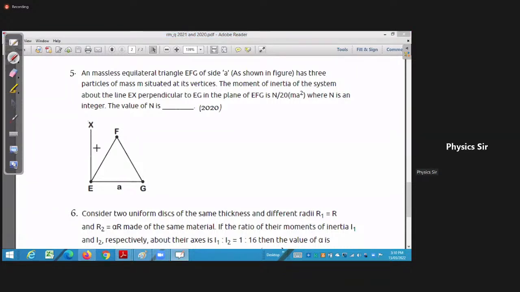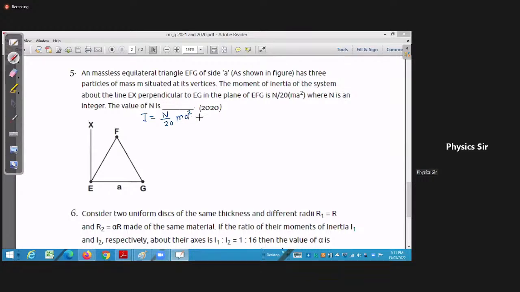EX means a line along the y-axis, parallel to one vertex of a triangle, EX perpendicular to EG in the plane, is n by 20 ma square, where n is an integer.